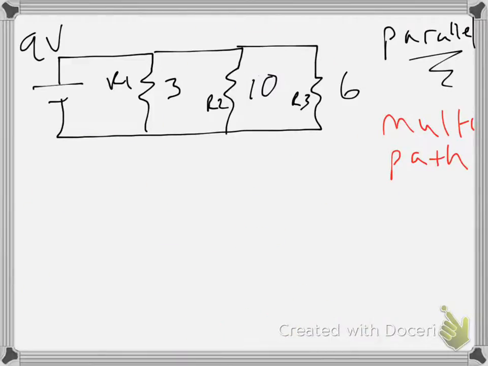So I have resistor 1 is 3, plus resistor 2 is 10, plus resistor 3 is 6. If you recall in the last video, 19 was the equivalent resistance. Well, 1/3 plus 1/10 plus 1/6 is 3/5.